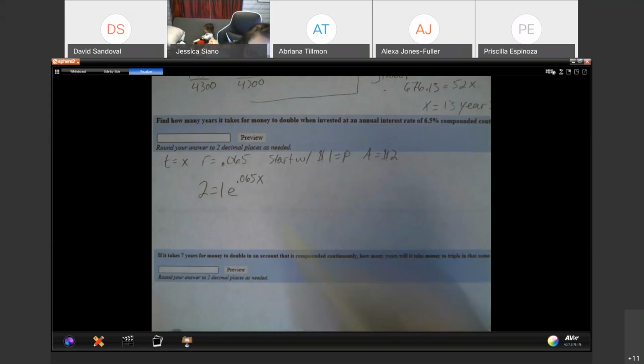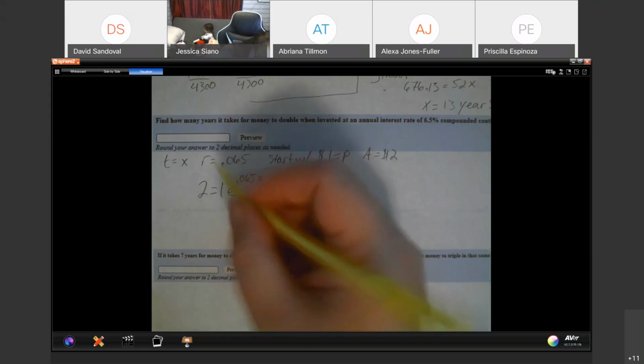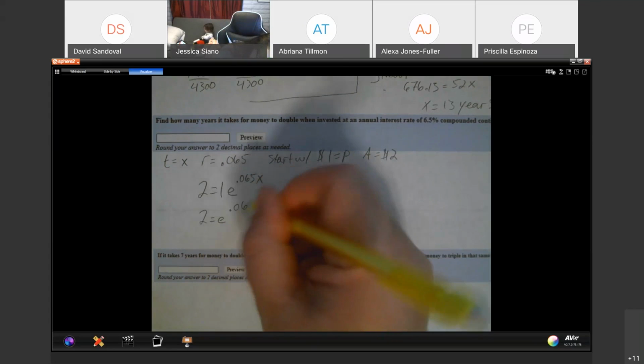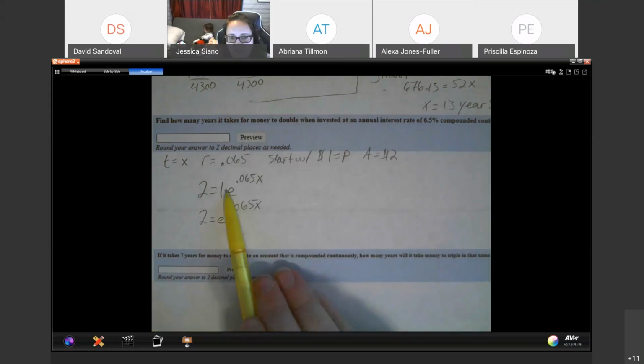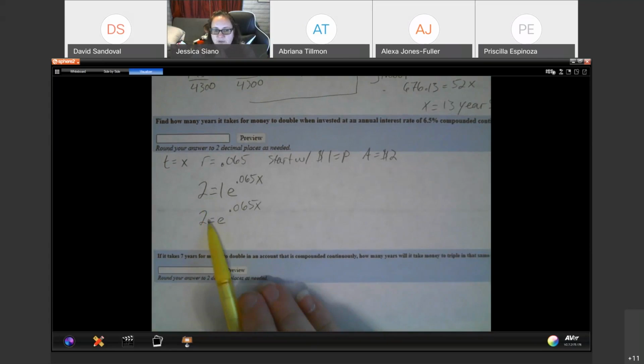Now, if I divided both sides by this 1, I would just have a 2 here. And if I had had a 50 here and a 100 here, I would have divided both sides by 50, and I would have wound up with a 2 here. If I had had a million here and 2 million here, I would have divided both sides by a million, and I would have ended up with a 2 here.